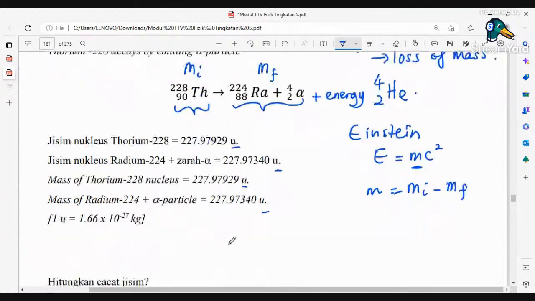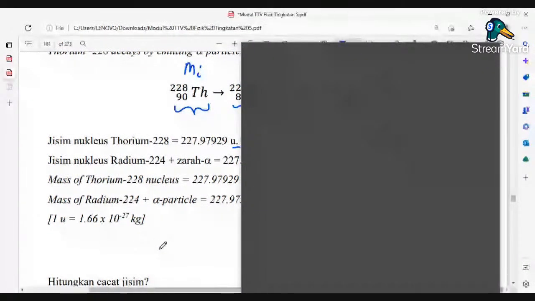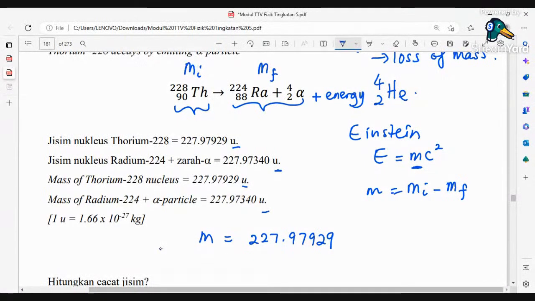Okay, so from here we just total up. Initial mass is the thorium. So delta m, do not round off, you just copy back the values that are given here, minus radium plus alpha, already given here.